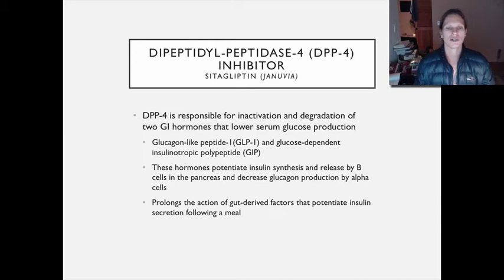So essentially they prolong the action of the gut-derived factors that potentiate insulin secretion after a meal, and they do that by inhibiting that enzyme. That enzyme would normally break down those peptides, but by inhibiting it, they potentiate the action of insulin and decrease glucagon production. So that's kind of great.